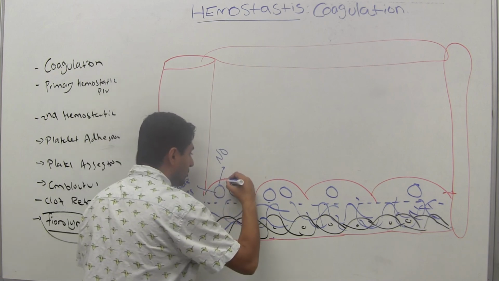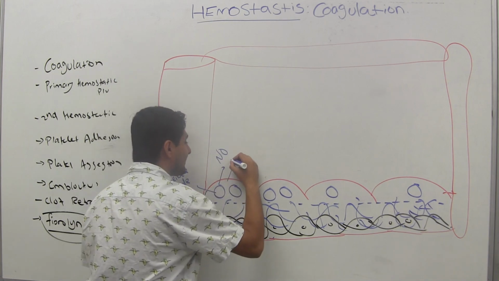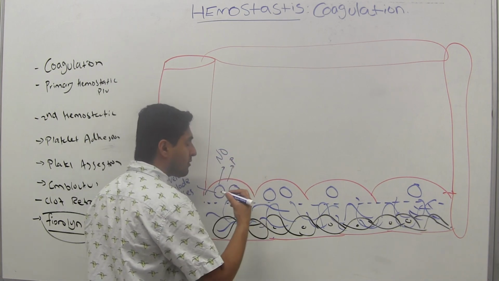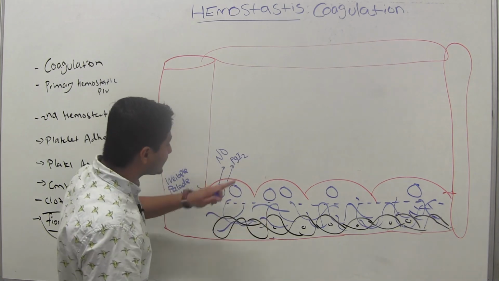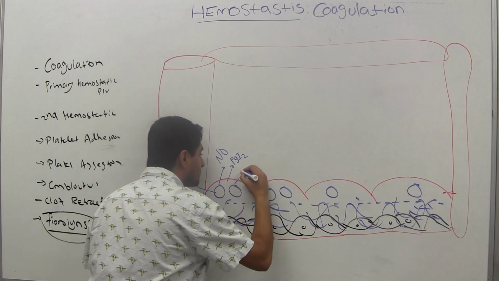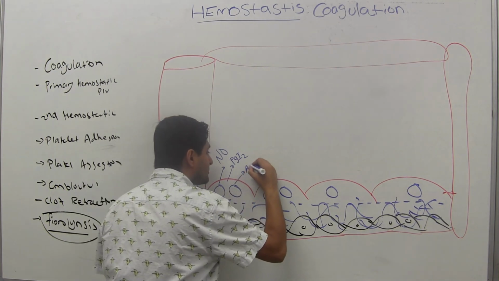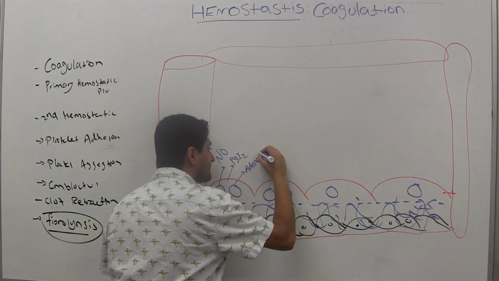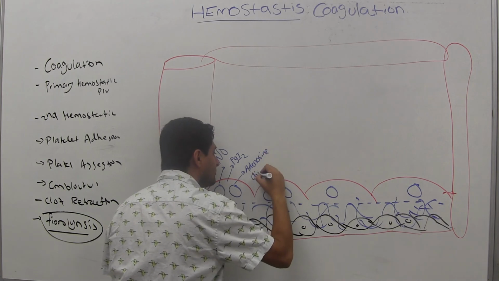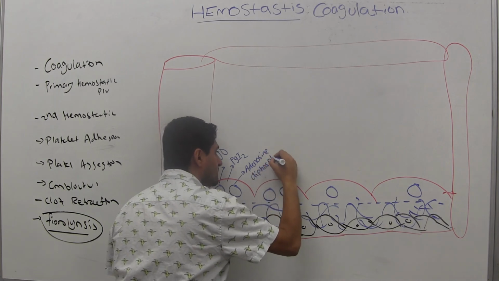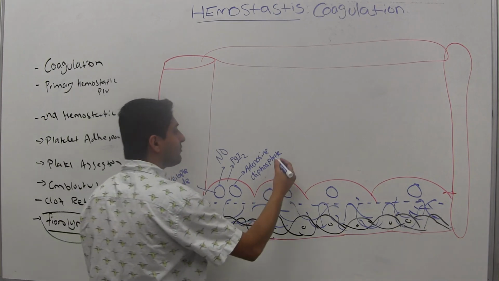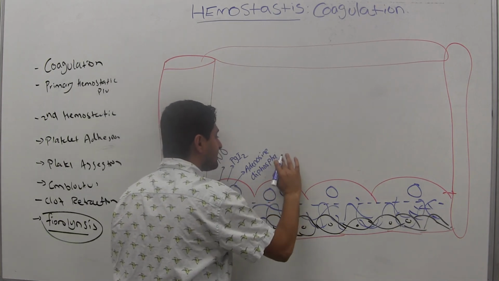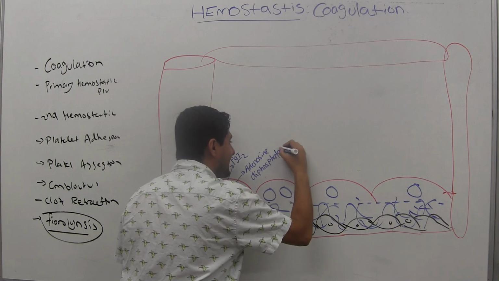And what else are they producing? They're also producing a prostaglandin, one form called PGI2. We call it prostacyclin. And they're also producing adenosine diphosphatase, actually. It's not diphosphate, it's diphosphatase, guys.